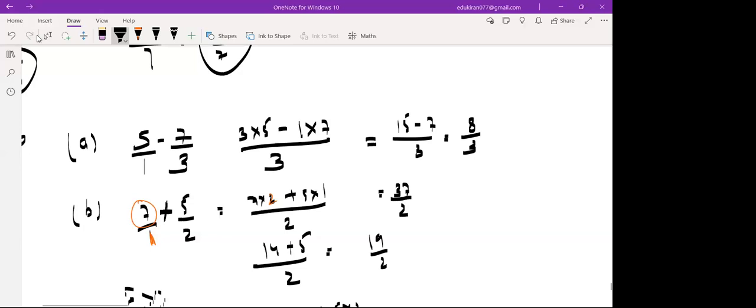Yes. Ma'am, can you rewrite the B1? Like 7 by 1 plus 5 by 2 is equal to?